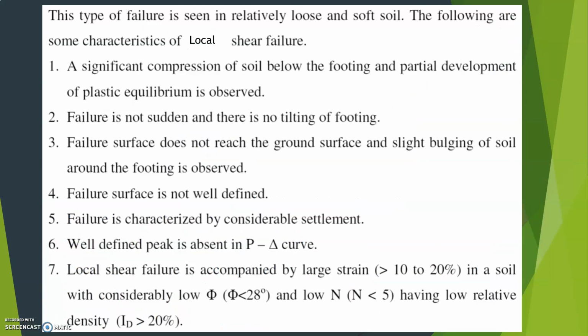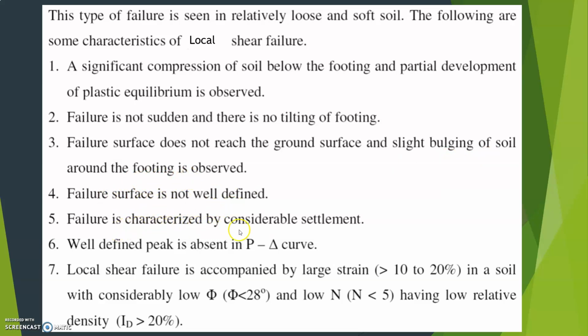These are some of the characteristics of local shear failure: a significant compression of soil below the footing and partial development of plastic equilibrium is observed. Failure is not sudden and there is no tilting of footing. Failure surface does not reach the ground surface and slight bulging of the soil around the footing is observed. Failure surface is not well defined.